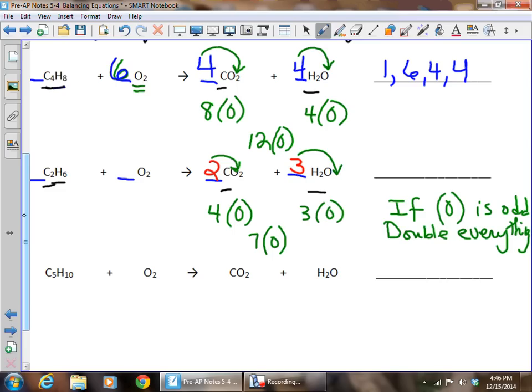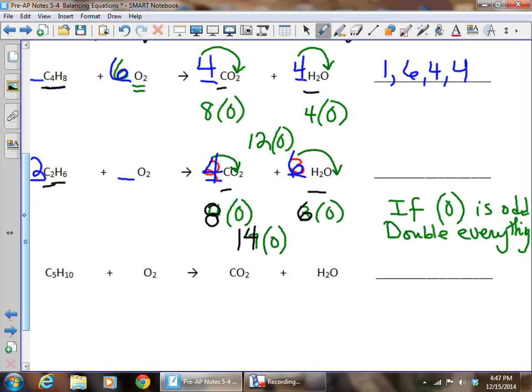That includes the very beginning, not this oxygen that's on the left, but at the very beginning, we're going to need to double that. We're going to double this 2 here to a 4. We're going to double the 3 to a 6. Think about what that does. That is going to double this to an 8, double this to a 6. Everything's doubling. Double this to a 14. And what can we do now?